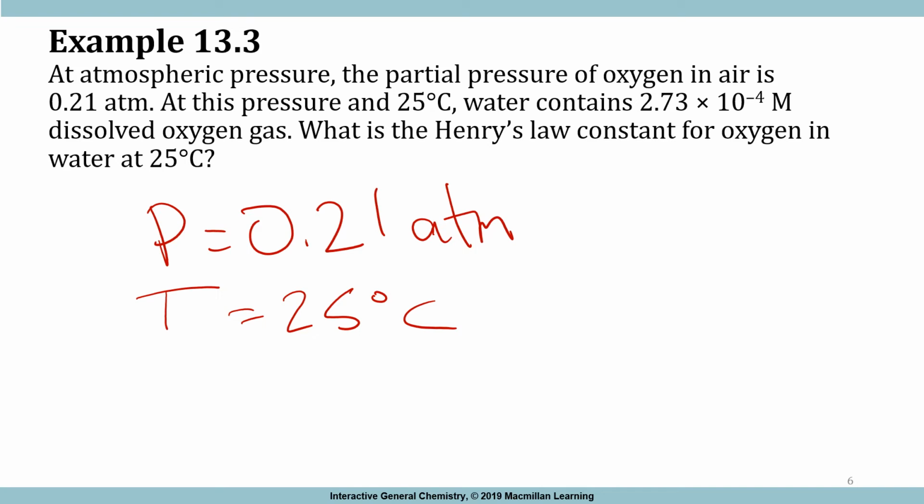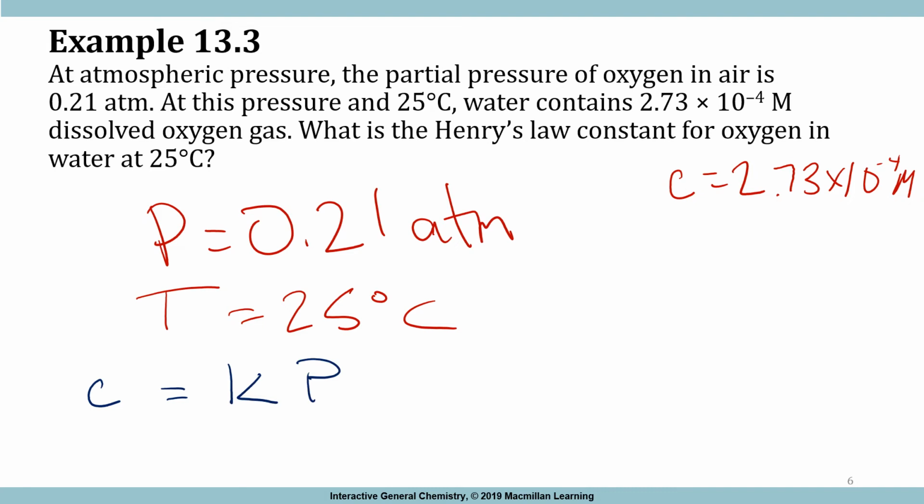What is the Henry's law constant for oxygen in water at 25 degrees Celsius? So Henry's law is the concentration is equal to K times P. And they give us temperature. It's not to confuse us, it's just to remind us that the temperature is constant. So we're not going to actually use that for this equation, but they sometimes will throw that in hoping that it'll confuse you a little bit.